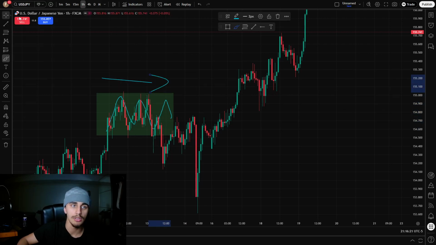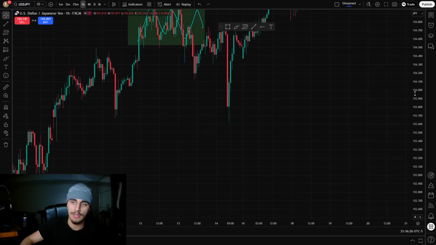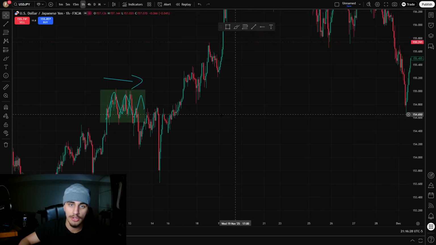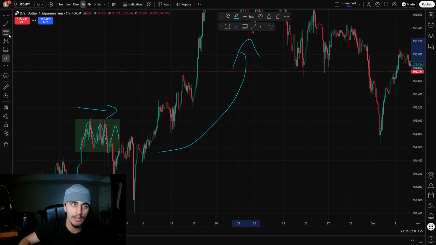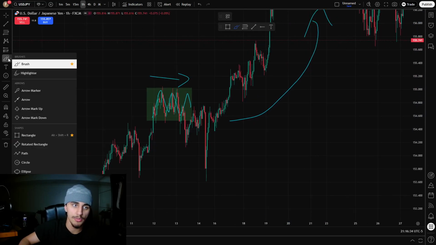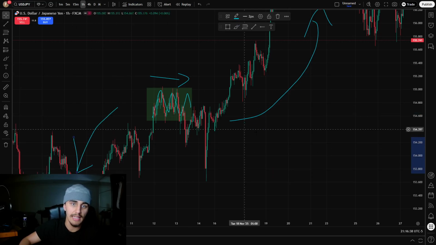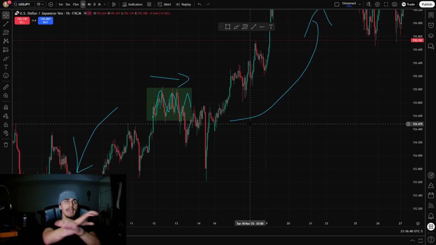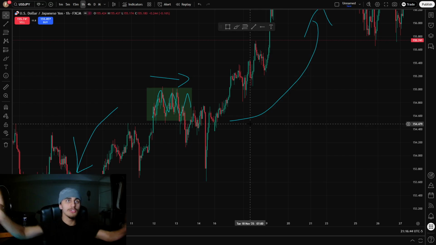That's called accumulation, or I think it was consolidation, something along those lines. So price can either accumulate, go into a bullish movement, or go into a bearish movement, right? That's literally the 3 things price can do. It can accumulate, it can go up, it can go down. There is no in between.